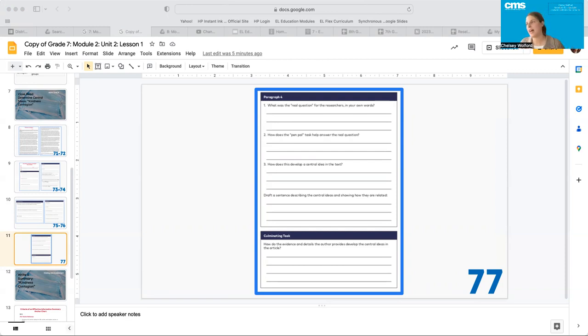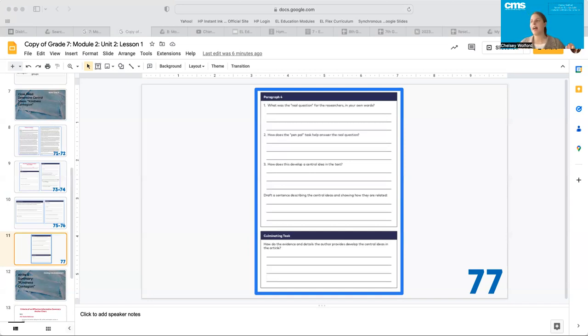I want to make sure that you did that in your note catcher. I want to make sure that you had some discussion about each paragraph and the purpose of each paragraph. If you did not do that, please go ahead and pause the video and go back through that and talk about it now. But if you did do that, let's go ahead and keep moving.